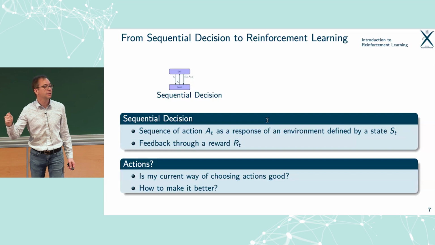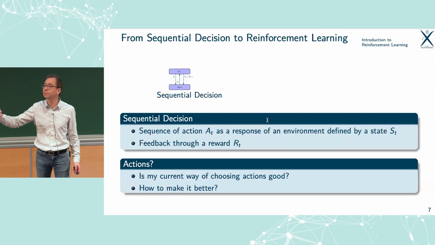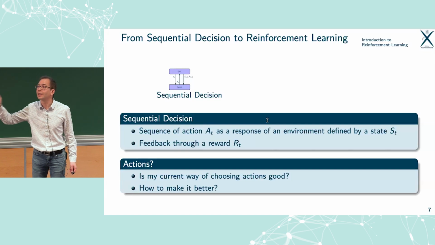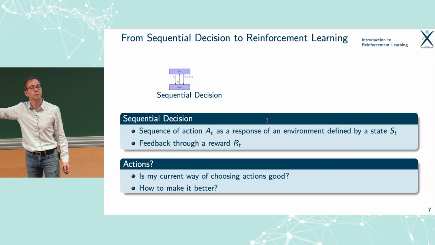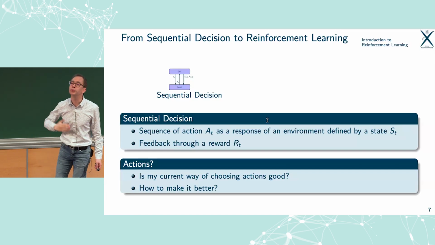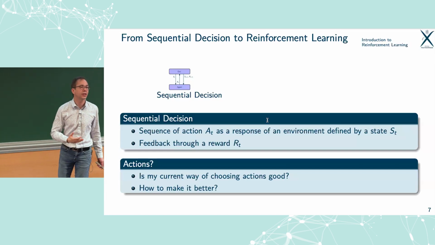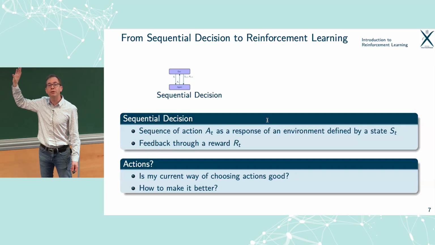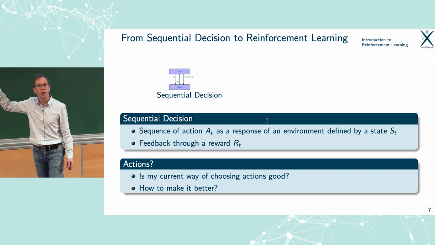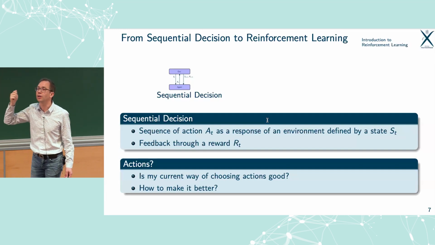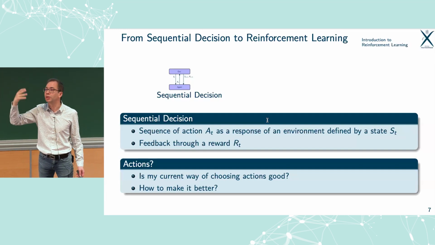So we're going to act depending on the state of the world. You can imagine that each time we act, we're going to receive a new state of the world and so on. And the way we're going to measure the quality of our action is through a very specific mechanism called a feedback, which is going to be measured by a scalar reward that we're going to receive at each time step.